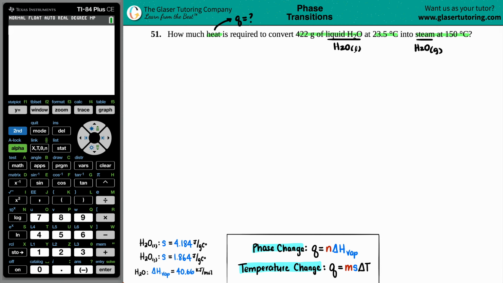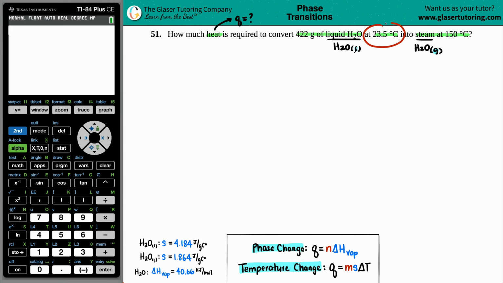So once you're starting at one phase and you're winding up at a completely different phase, especially if they're asking for heat, always write a roadmap. It will help you out. So let's try to write that roadmap out. The roadmap always consists of the starting temperature and the ending temperature.